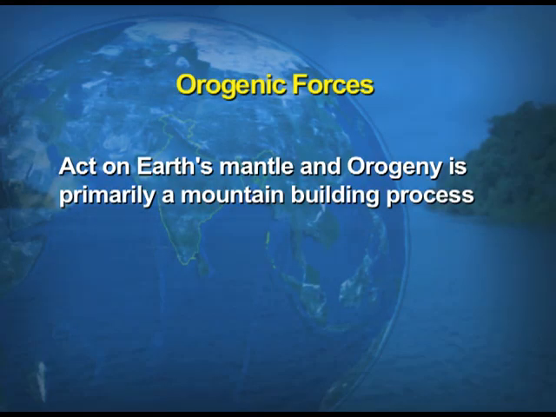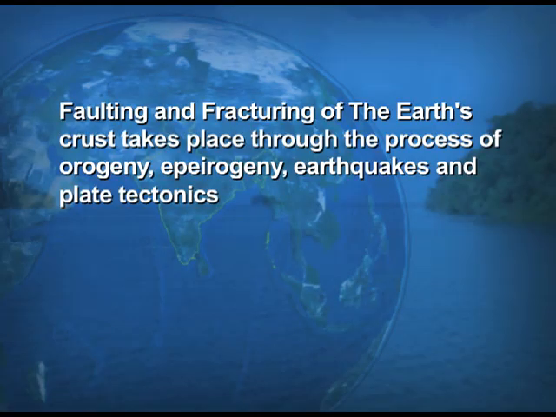Orogenic forces act on the earth's crust, and orogeny is primarily a mountain building movement. And when we talk about the mountain building movement, the two things which we have just now discussed, one folding, another faulting. So that is the activity which takes place when the mountain building movement takes place. Now faulting and fracturing on the earth's crust takes place through the process of orogeny.